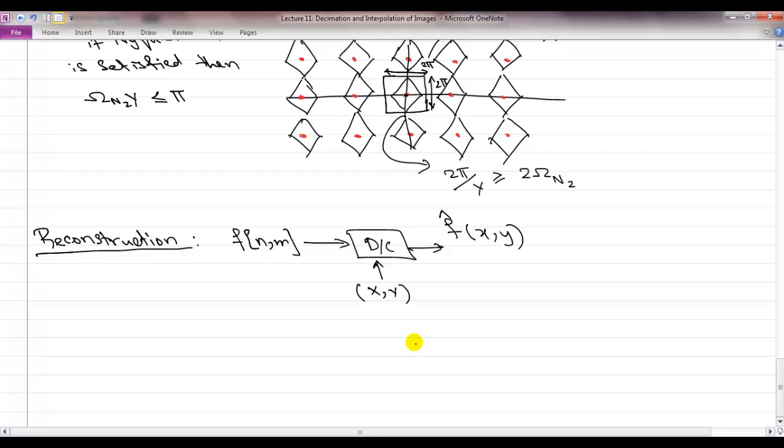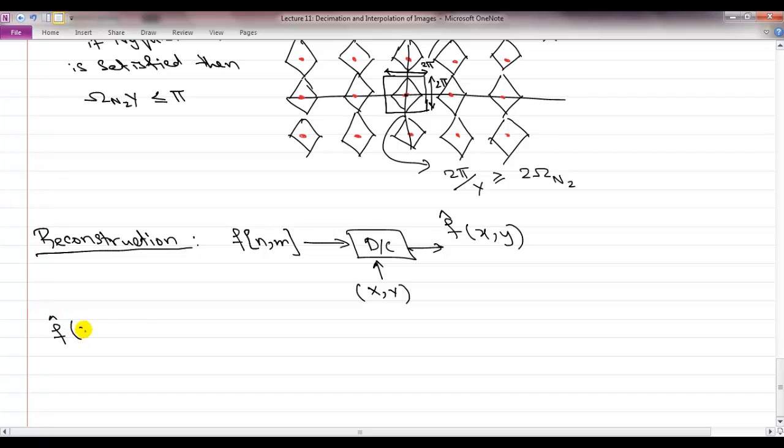Then the reverse procedure happens, which is that f hat of xy, assuming you have these ideal 2D low pass filters, simply corresponds to a scaling of the region in the discrete frequencies between minus pi to pi in the x direction and minus pi to pi in the y direction. Okay. So let's look at that formally though.